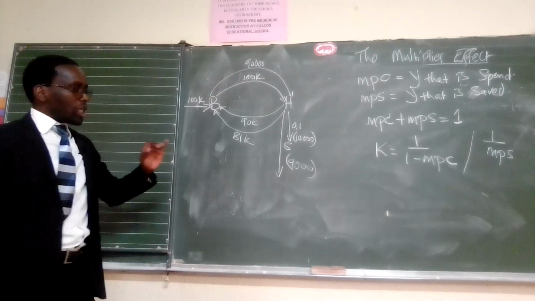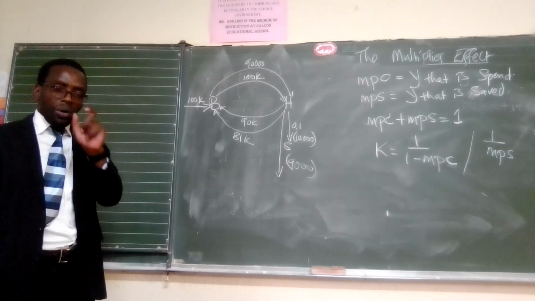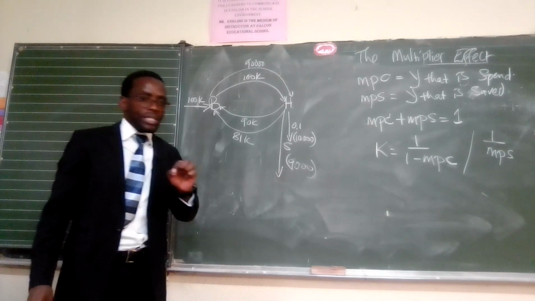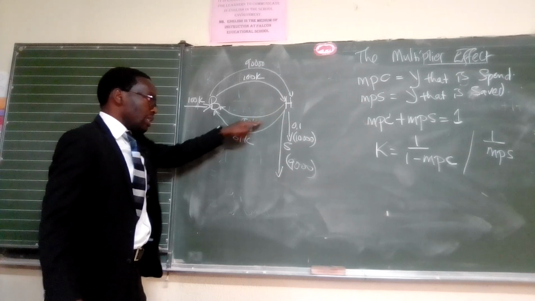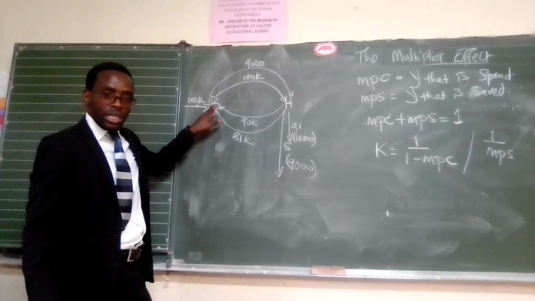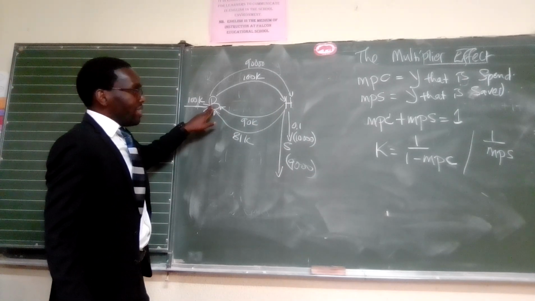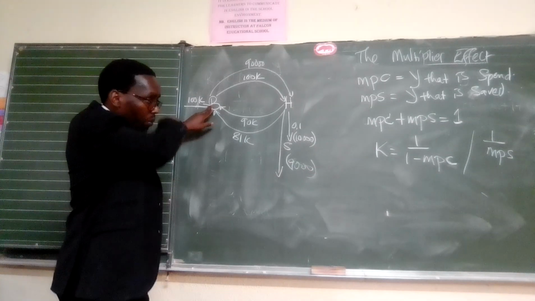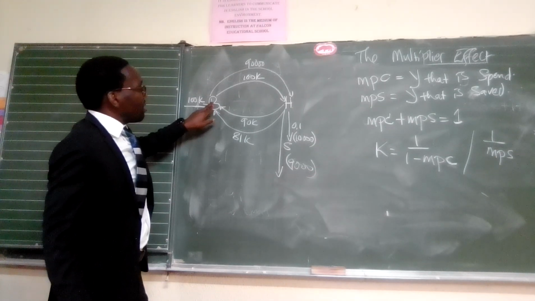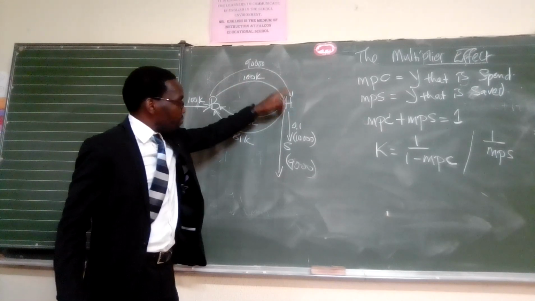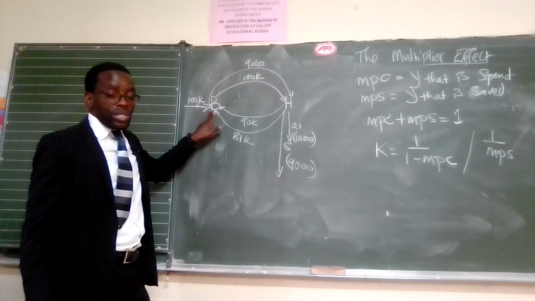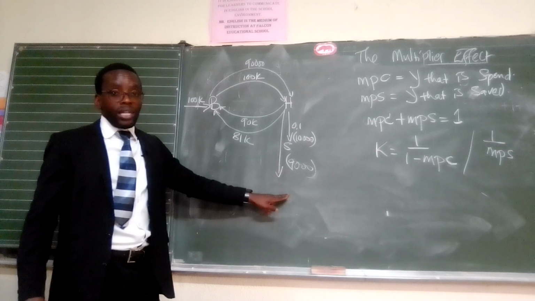But this is what you need to understand. The national income has increased, because during the first round we got 100,000 and we bought things for 90,000. And then, apologies, in the second round we bought things for 81,000 because we had saved 9,000.